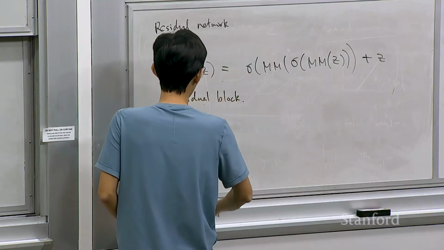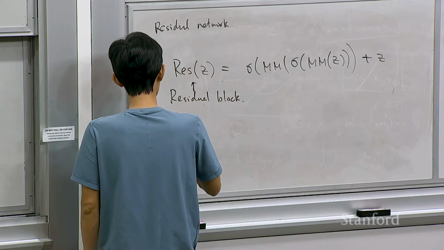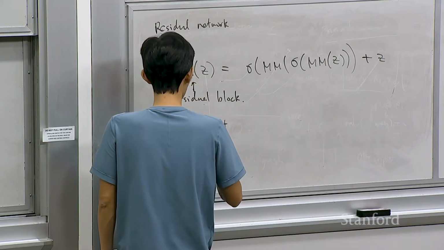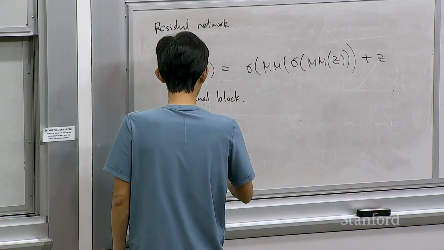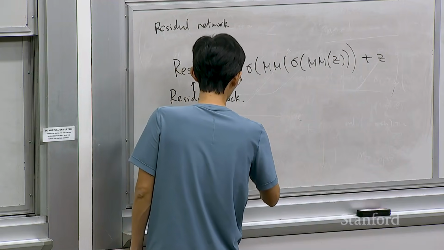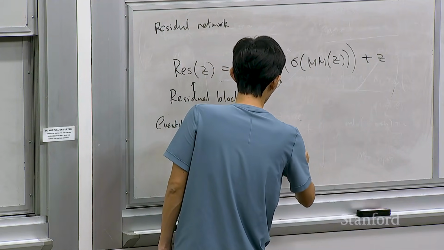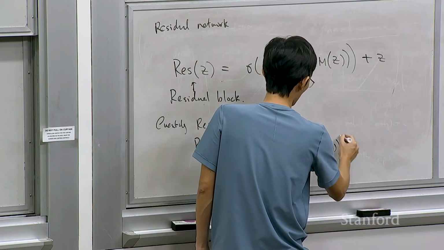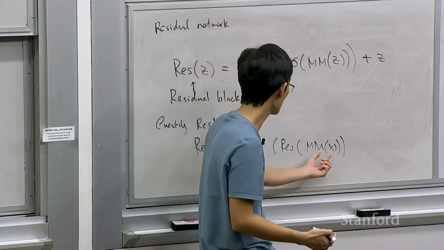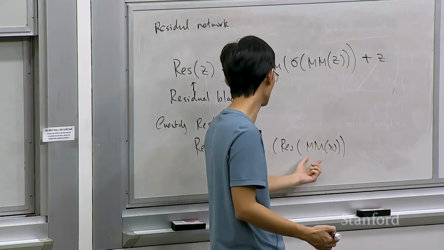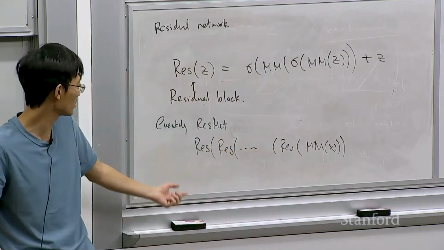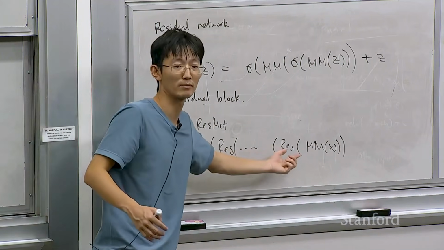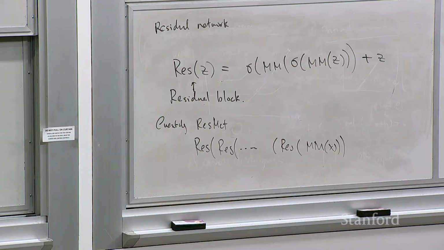So eventually, with some approximation, the residual net looks like you applying a lot of residual blocks many times. At the beginning, you need to do something to change the dimension, because you cannot work with the original dimension. So you first change the dimension to some intermediate dimension, and then you apply many residual blocks. And maybe you apply one more at the end to change the dimension again. But largely speaking, it's an application of many residual blocks, and that's called a residual network.